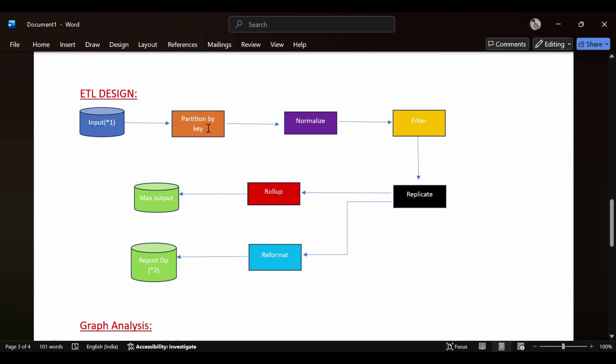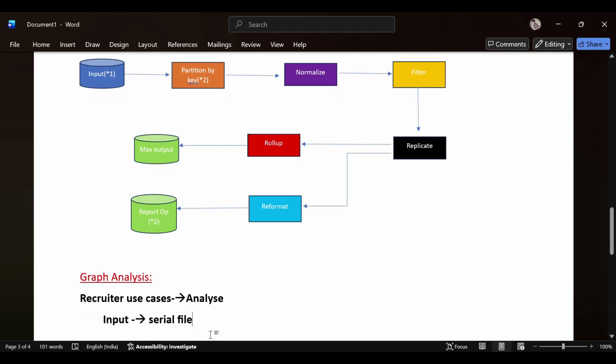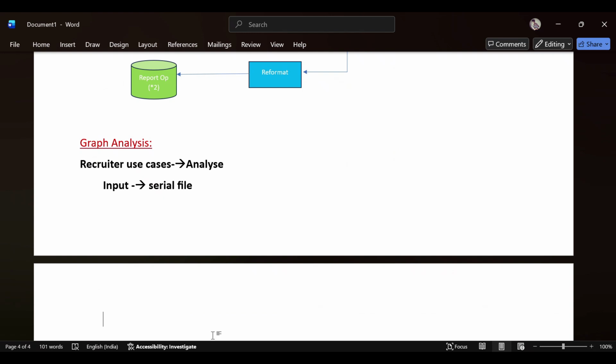The serial file goes into partition by key, and after this partition, till the output, we are generating an MFS file. So your output is nothing but MFS.